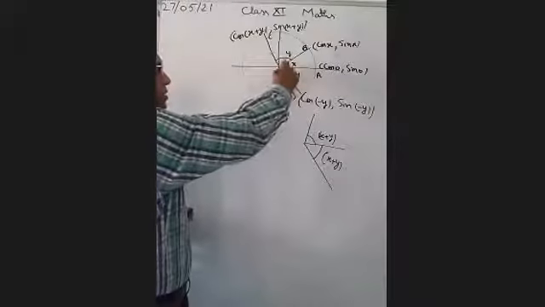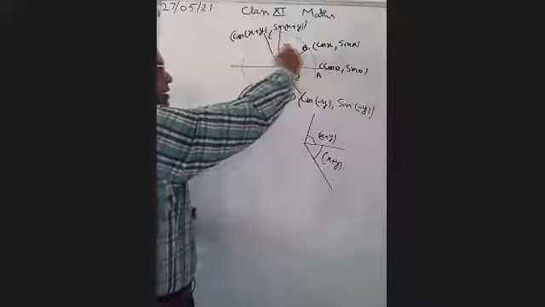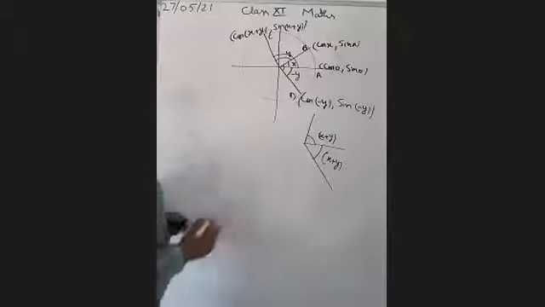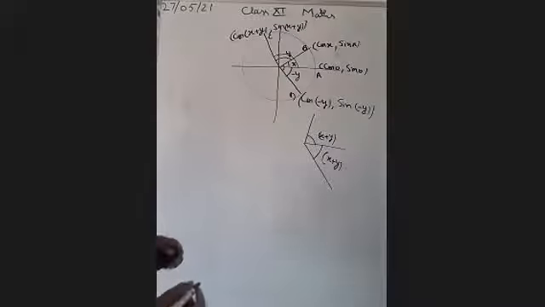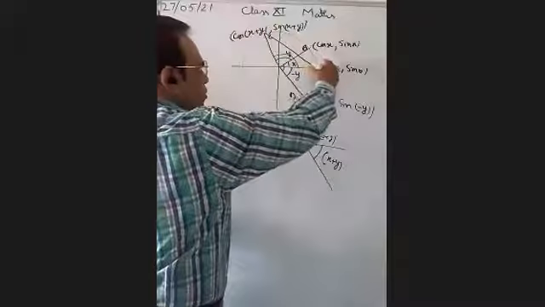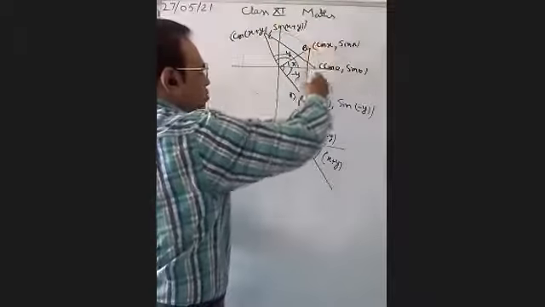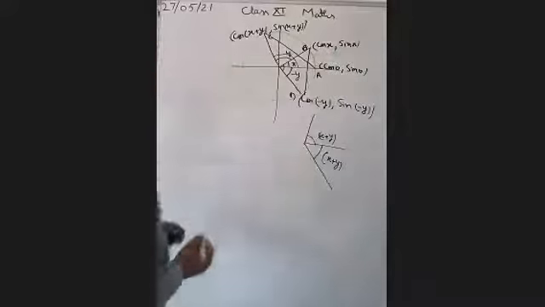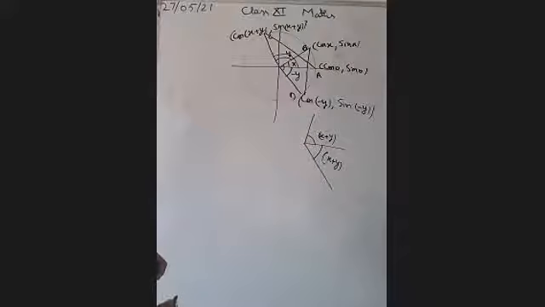The magnitude of this angle and this angle is the same. It means the angle is same. So equal angles make equal chords at the center, and this we have proved in 9th class. Okay. So both chords must be equal.